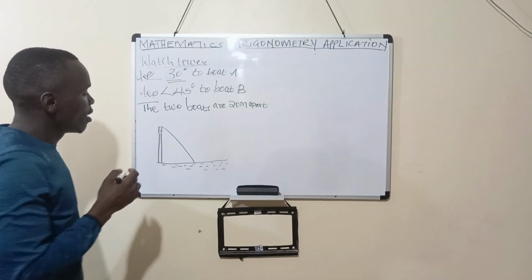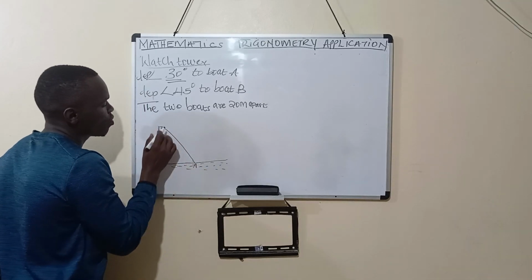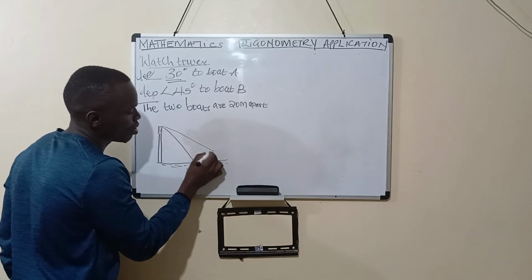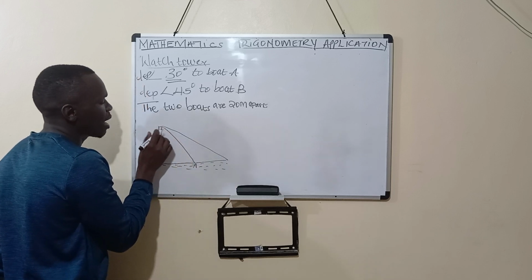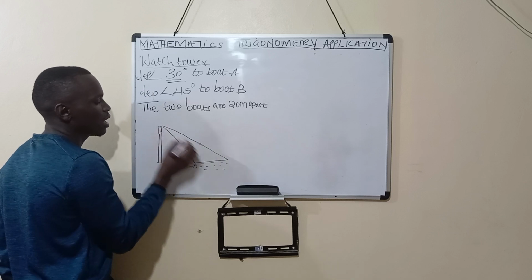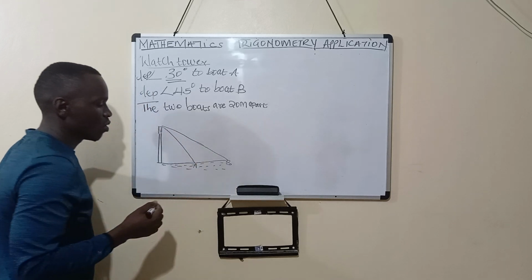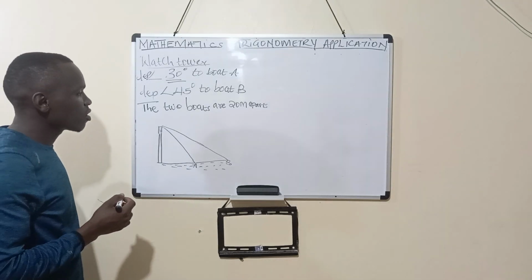Then we have boat A here. Then we have boat B. You have to pardon my drawing. We have boat A and boat B. What are we told? The angles of depression.